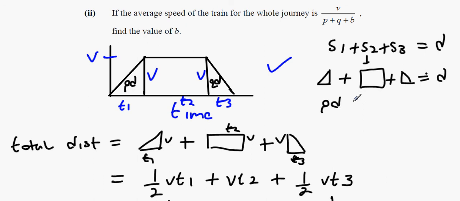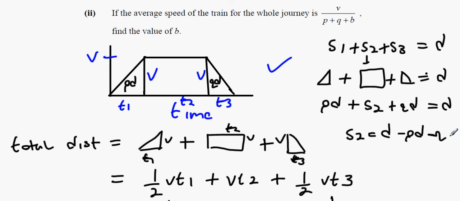S2 we don't know, so S2 must equal D minus PD minus QD.